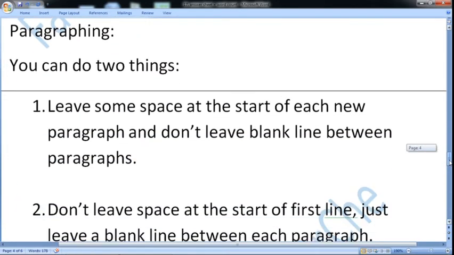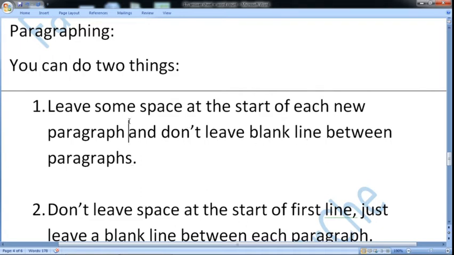The next tip is about paragraphing. You have two options to make paragraphs. First, you would write the introduction, and after that the first body paragraph. The first option is to leave some space at the start of the first line of each new paragraph, and don't leave a blank line between paragraphs.